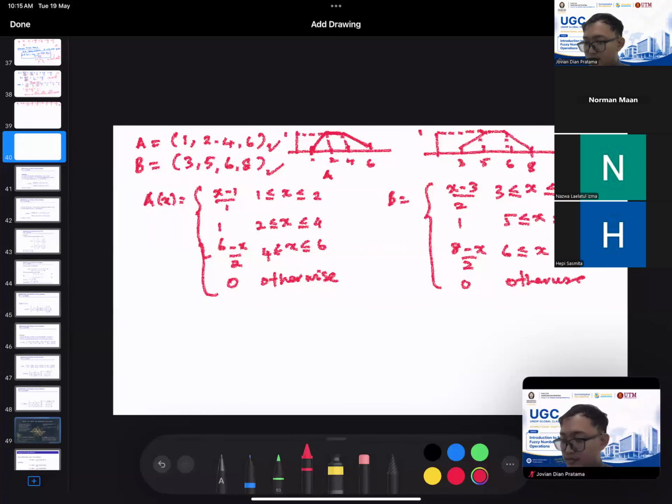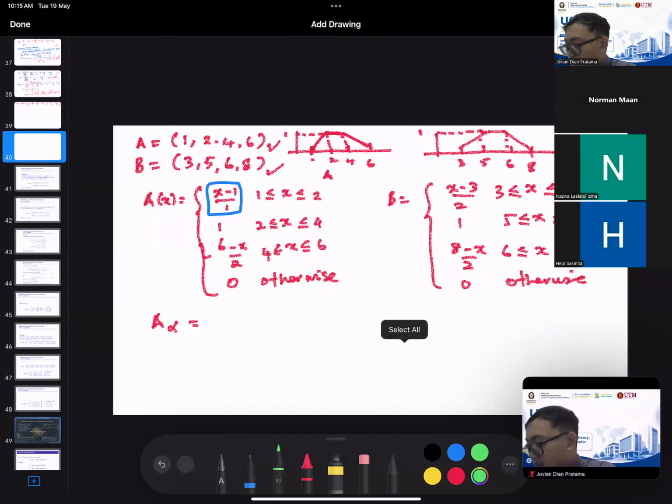So definitely for this type of fuzzy number, we need to use the alpha cut method. Even though D is actually a trapezoidal fuzzy number, the method that you need to use in order to get your alpha cut is still the same as what you applied for the triangular fuzzy number, where we know that this slope represents the value of x.